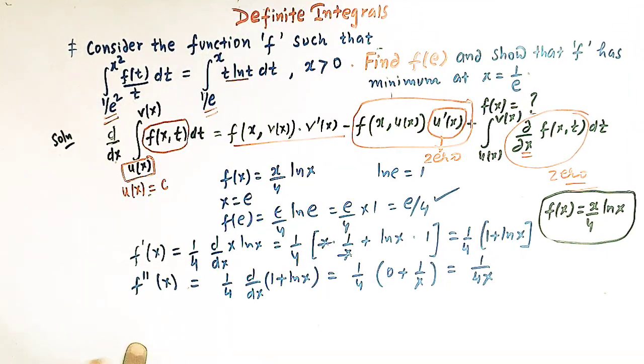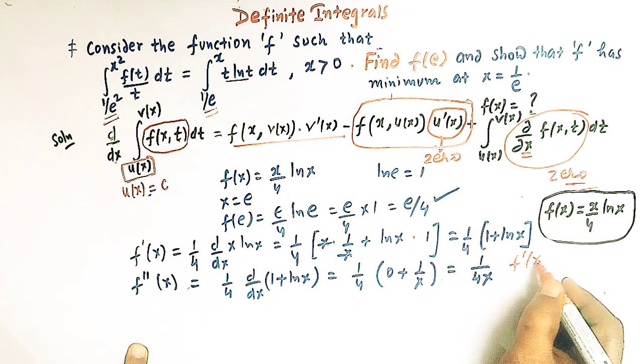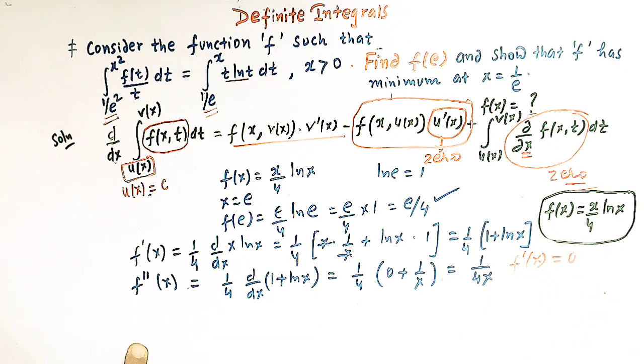So now for maxima and minima, the derivative f prime of x should be equal to 0, right? So in order to get the critical points or the turning points, we take the derivative equal to 0. So f prime of x is equal to 0 and f prime of x is 1 over 4 and 1 plus natural log of x is equal to 0. So from here we have 1 plus natural log of x is equal to 0.